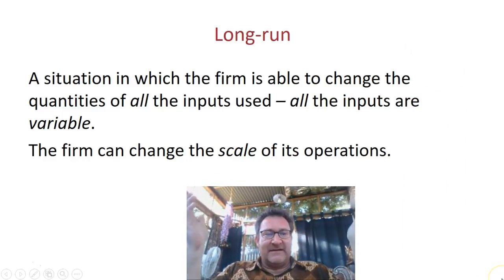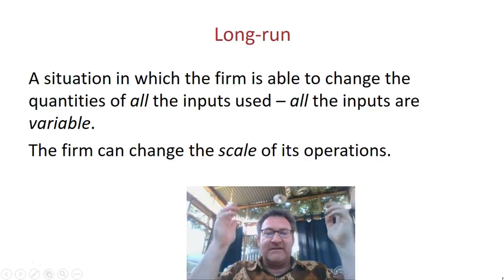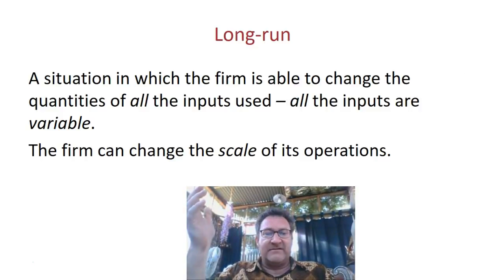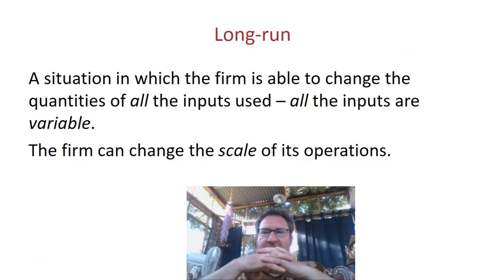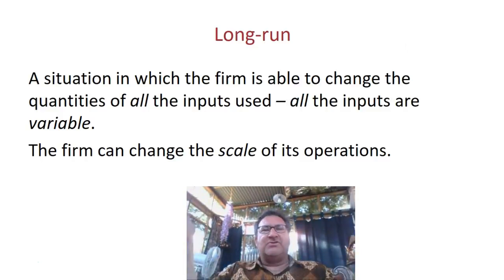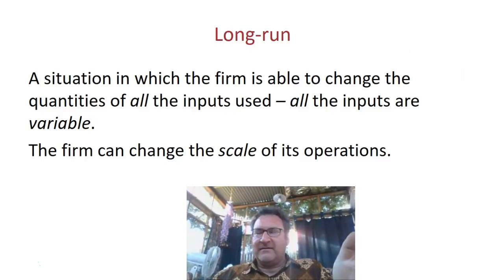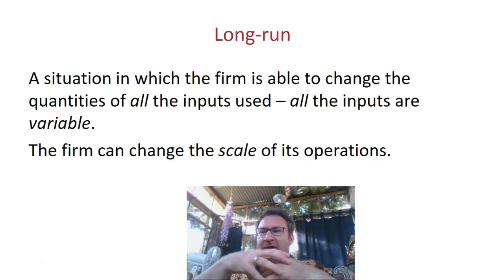Well, this is easy, because the long run is simply a situation where the firm is able to change the quantities of all of its inputs. That is, all of its inputs are variable. All of its inputs can be changed. Our t-shirt manufacturer, in the short run, can't change the size of the factory, can't build another factory, or can't add more machinery.